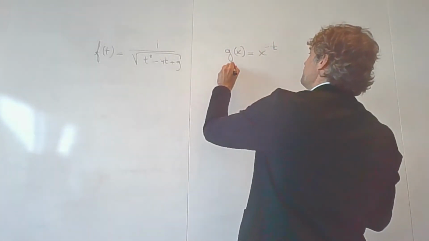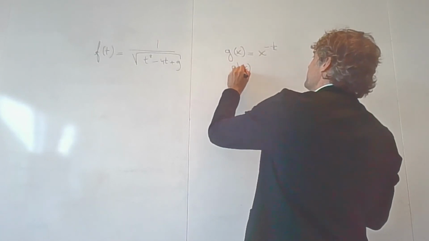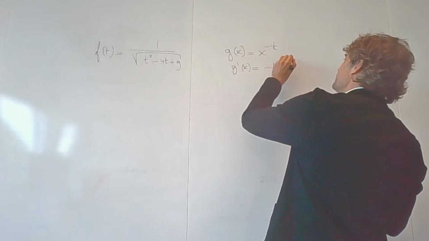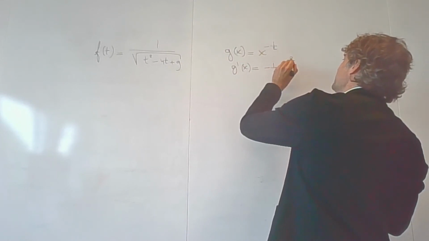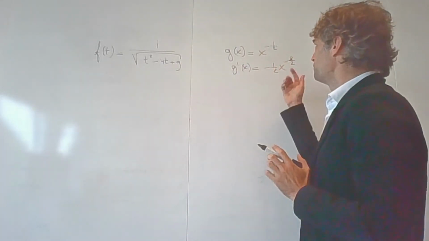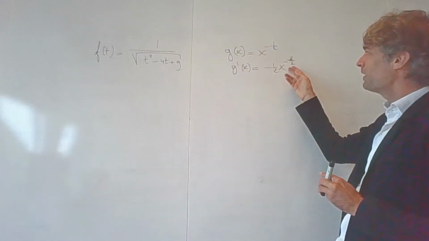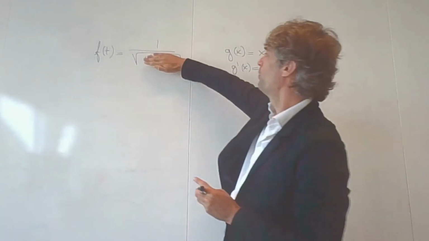So the derivative here would be minus 1/2 times x to the power minus 3/2.